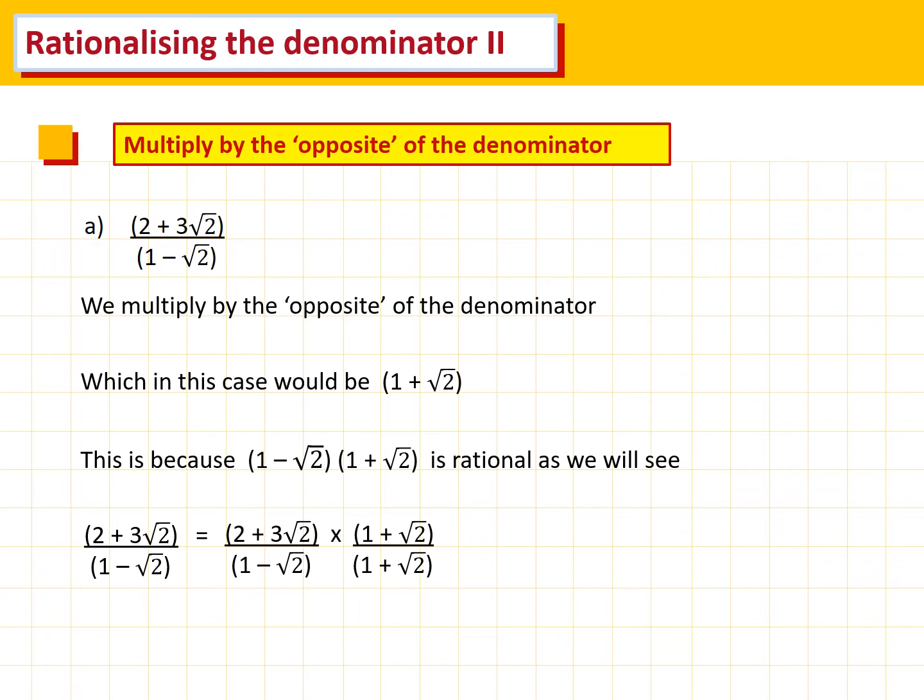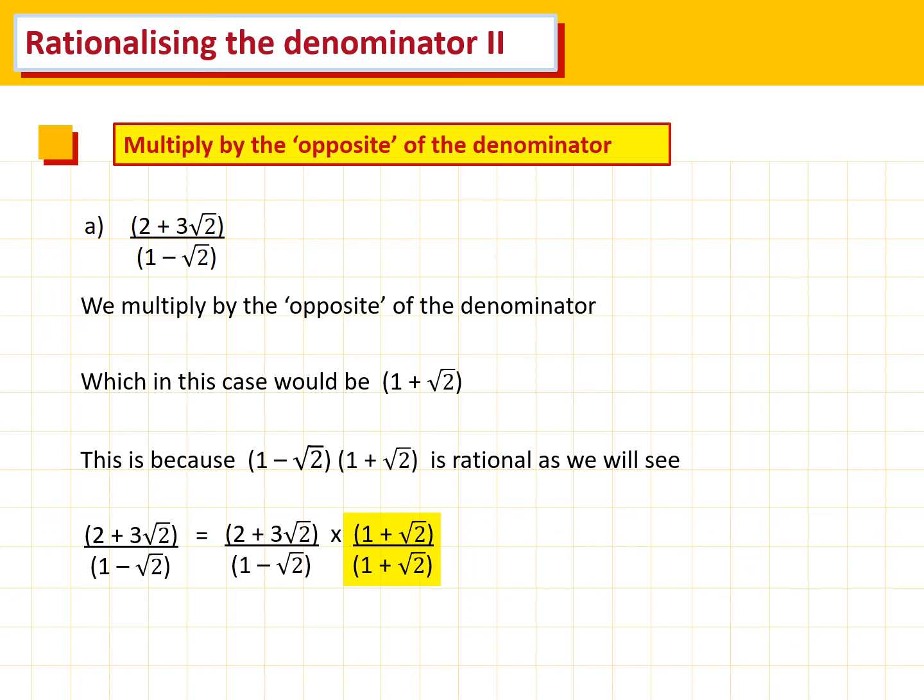In order to keep the original fraction the same value, whatever we do to the denominator, i.e. multiplying it by 1 plus root 2, we must multiply the numerator by the same thing. So we multiply the numerator by 1 plus root 2 as well. And quite simply, what you can see highlighted there, 1 plus root 2 divided by 1 plus root 2, well, that's just 1. And multiplying by 1 clearly doesn't change the value of something.